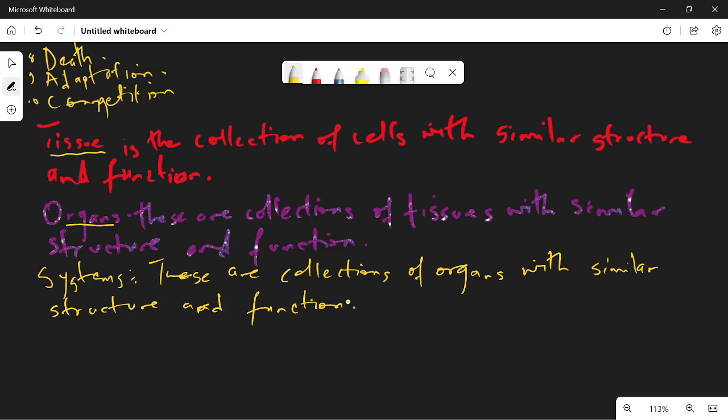When they have similar structures and functions, they are grouped together to become what we refer to as the system. I want to believe now that we understand what a system is.